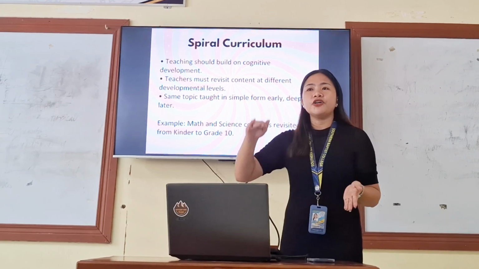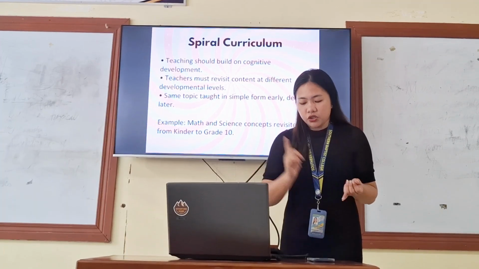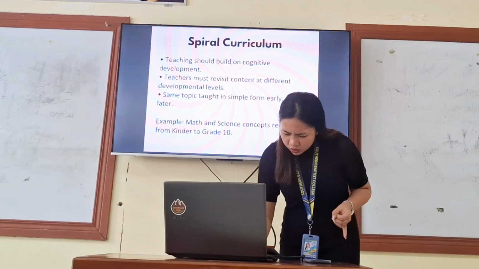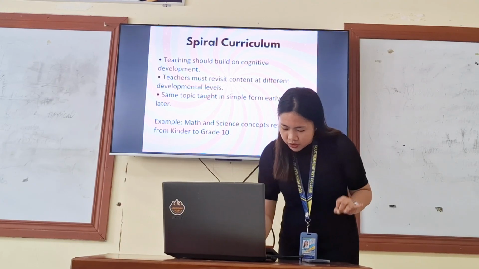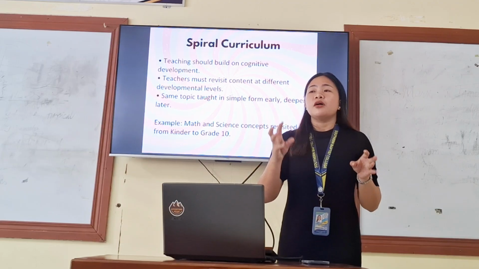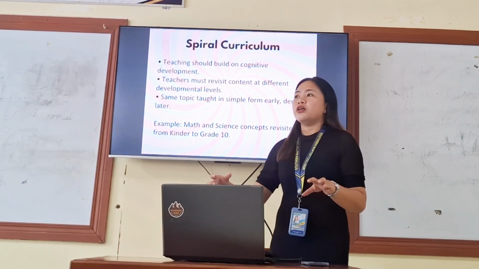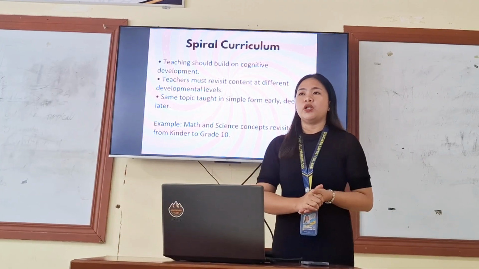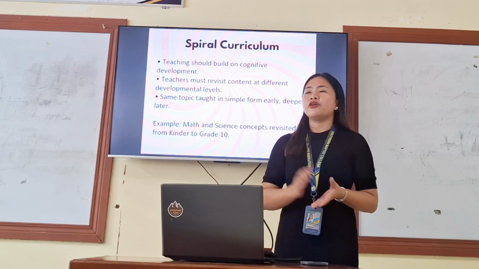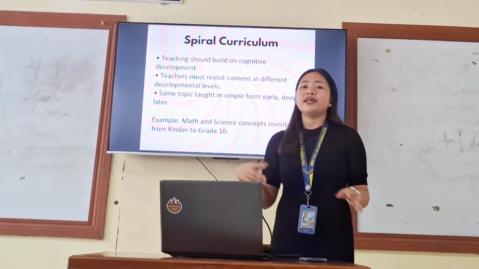And then at the high school level, we will be tackling cellular respiration, the photosynthesis equations and their role in the ecosystem. But of course, we are revisiting the knowledge that we learned from elementary to high school. As you can see or remember, there are lessons that we are tackling again and again.